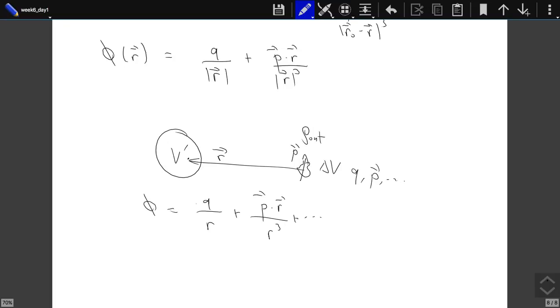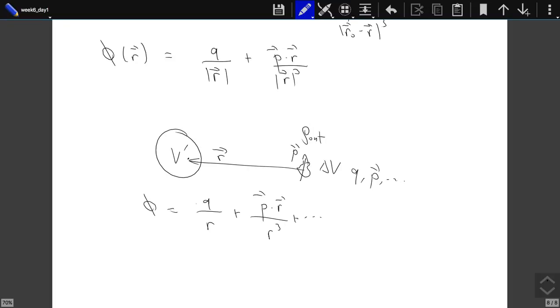Then we have other charges over here, which create some potential over here. So we have a localized charge distribution over there. To describe the multipole moments of this localized charge distribution, we would better go to a reference frame and choose an origin inside this charge distribution, and then you define the dipole moment, the quadrupole moment, etc. In terms of these moments, the potential created at a faraway point is given by this expression.